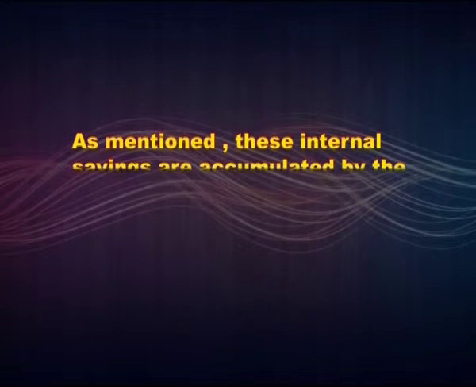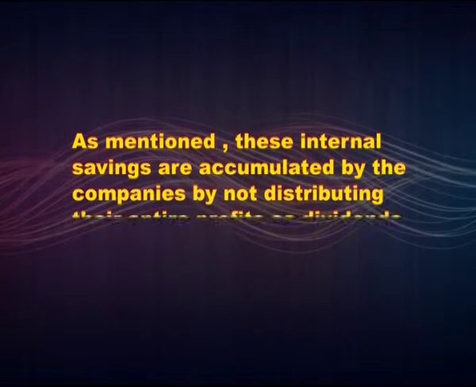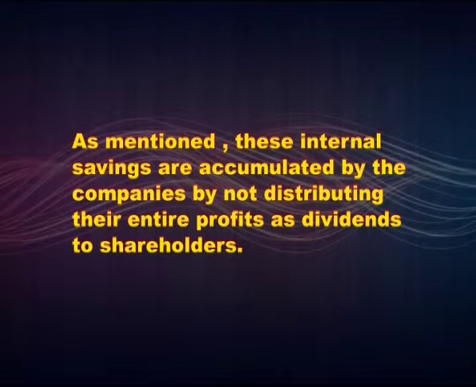As mentioned, these internal savings are accumulated by the companies by not distributing their entire profit as dividends to shareholders. If shareholders do not like the dividend policy of some companies, they can do very little about it except to sell the shares of a company to others and invest their funds in companies whose dividend policy they like.